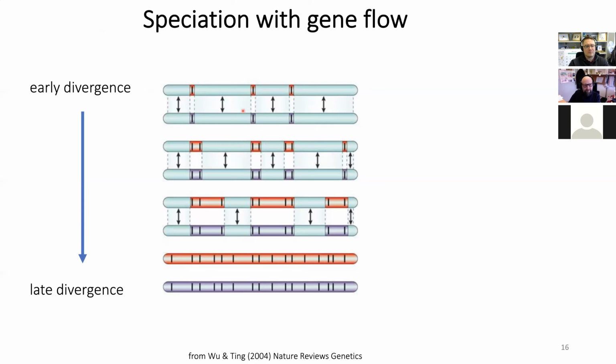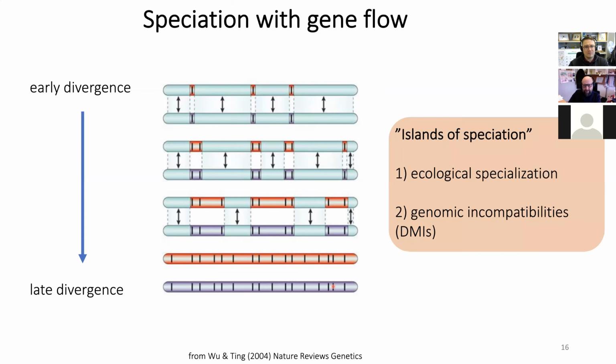And so gene flow can occur in the beginning between most of the genome, and then at the end you have two completely isolated genomes between two species. And these regions are predicted to be regions that are involved either in ecological specialization or in intrinsic genomic incompatibilities like Dobzhansky-Muller incompatibilities.